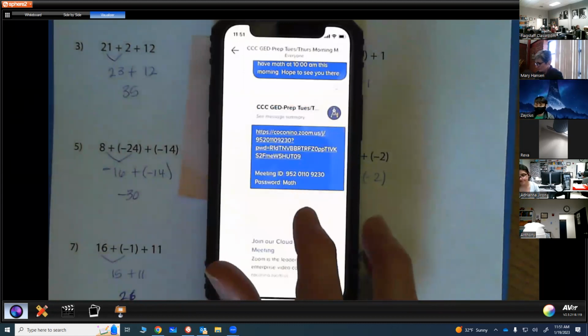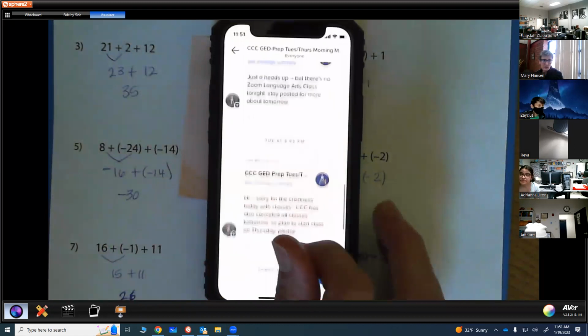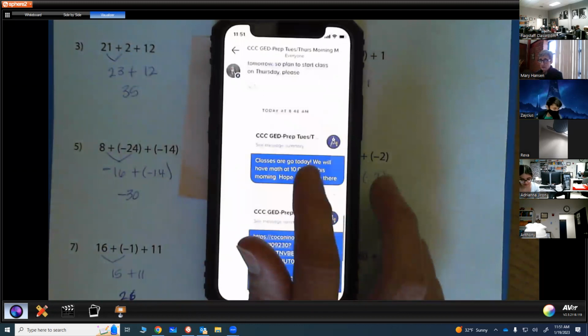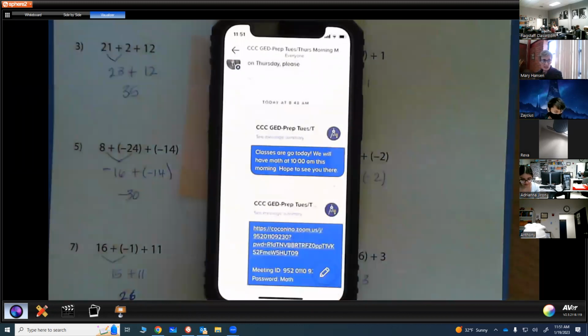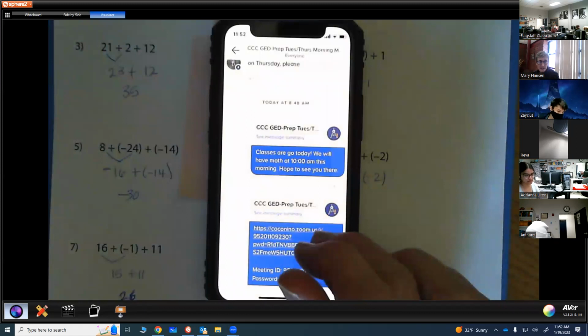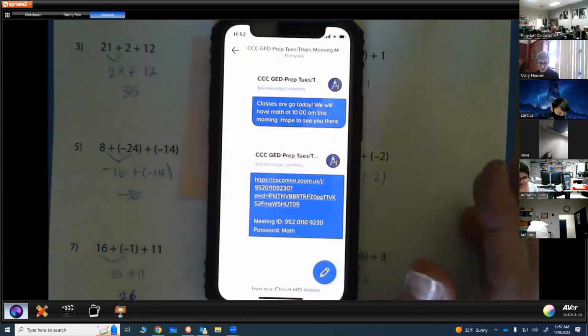We had a crazy start to this semester with classes being canceled. And so we sent out Remind notifications to students who were signed up so that they knew what was happening with the classes. Once you download the app and you make an account, you set up, I think it's just by your email address and a password.